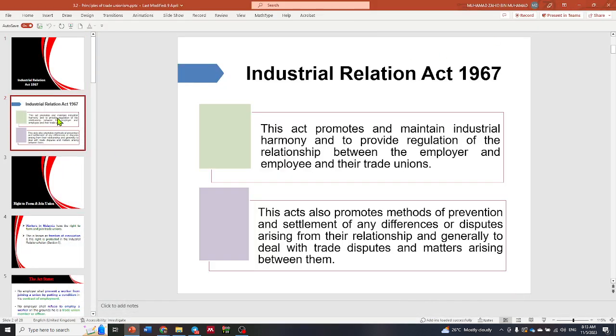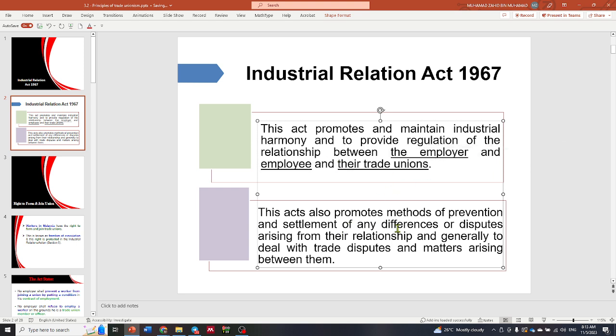Right, so this act is introduced to promote and maintain industrial harmony and to provide regulation of the relationship between the employer, that's the first party, and then we have the employee, and their trade unions.